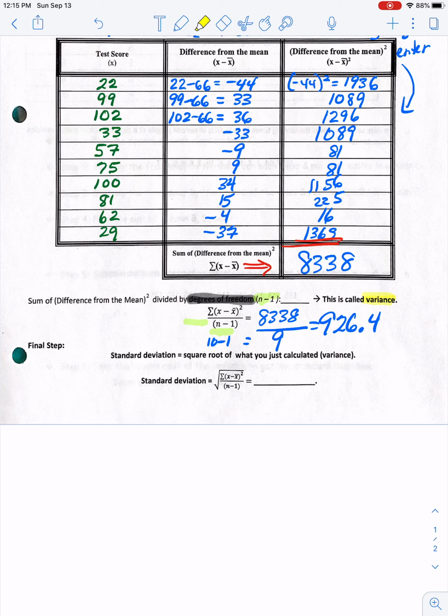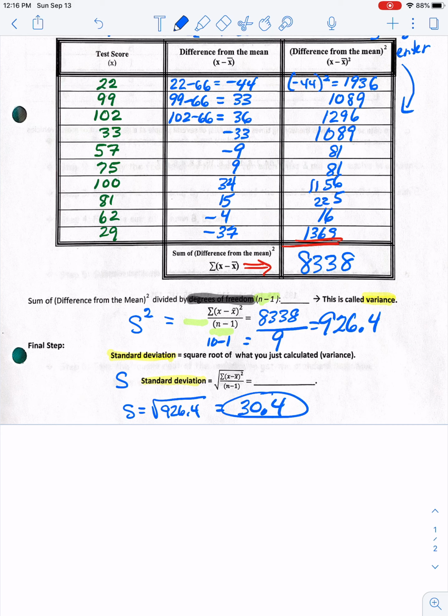That's called the variance. The notation for variance is s squared. It's a lowercase s, because it's for a sample. Then to end up with our very final answer, the actual standard deviation calculation is s, and all you have to do is take the square root of the variance every time. 926.4, you take the square root, we get 30.4.